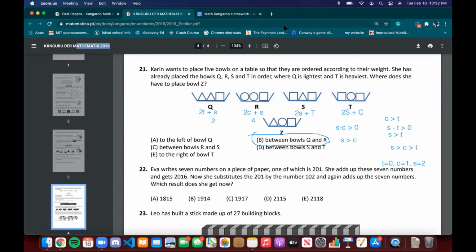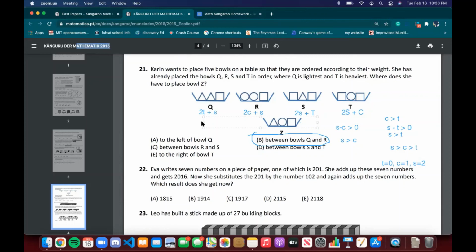So now that we have the weights of each of these, we can just add these up. So 2S plus T is equal to 4 plus 1, which is 5. Wait, S is not... Okay, so let's redraw this.